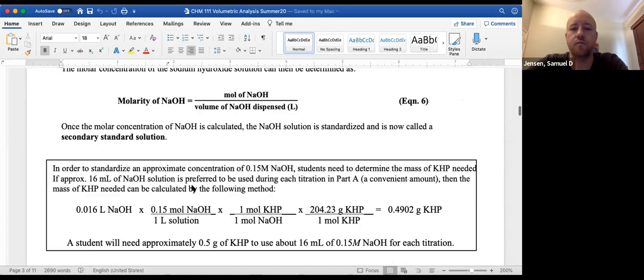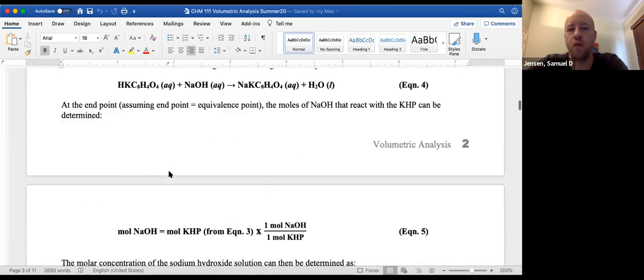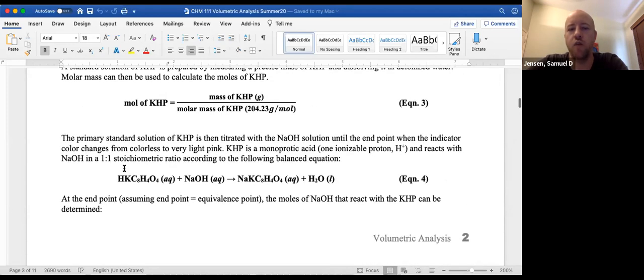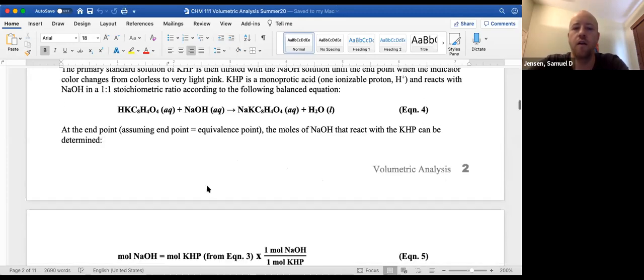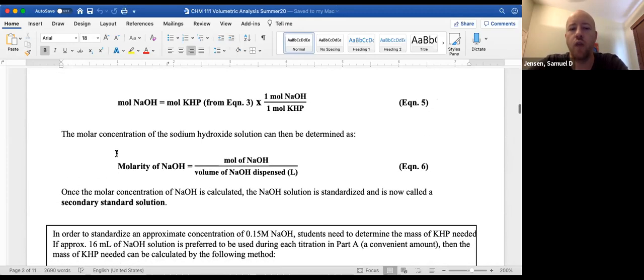So that's what we're going to do for part A. Essentially we're going to use the KHP, which we know, to find the sodium hydroxide that we're unsure of. And then we will do a couple of different titrations, and that will allow us to get a fairly certain value for the molarity of our sodium hydroxide.